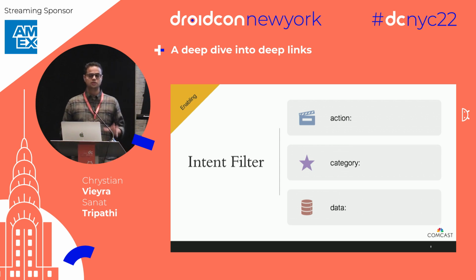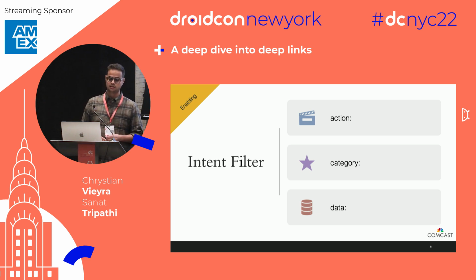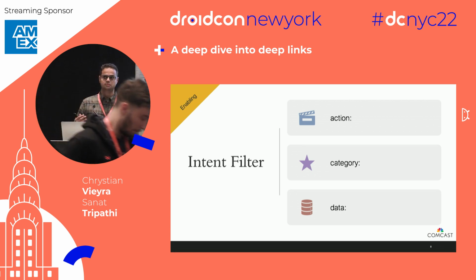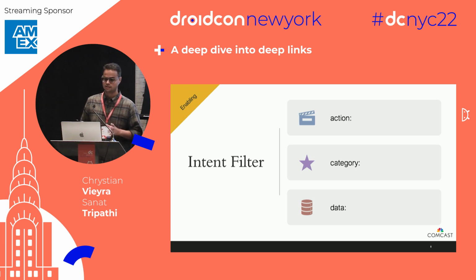All right. So with a basic deep link definition, if I am very new to Android and I want to enable deep linking in my app, what do I do? I create an intent filter for the component that I want to deep link. For example, if it's an activity, I would express my intent filter, and basically what it means is I'm giving Android a hint that this is the definition that I'm okay to handle, and that definition comprises 3 items: action, category, data.